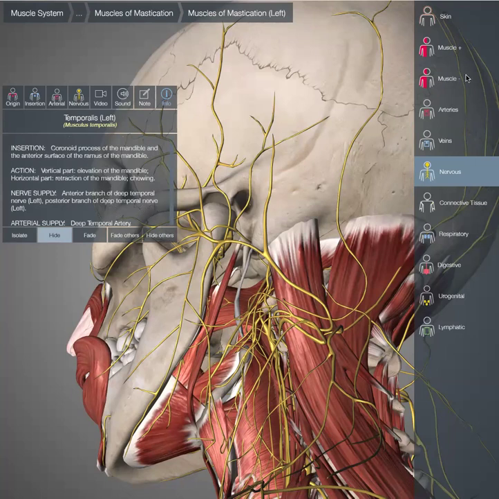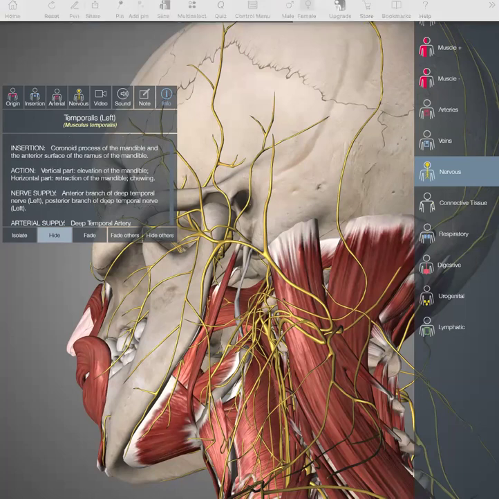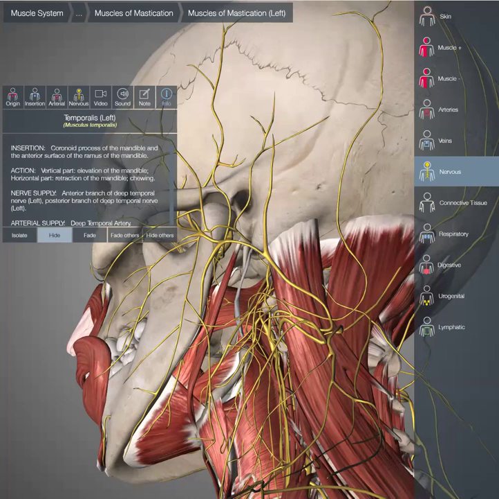I will show you the picture. It's from the anterior division of the mandibular nerve. Didn't we say all of these muscles are innervated by the mandibular branch, which is the third branch of the trigeminal nerve? The branch in the mandibular is called the deep temporal.